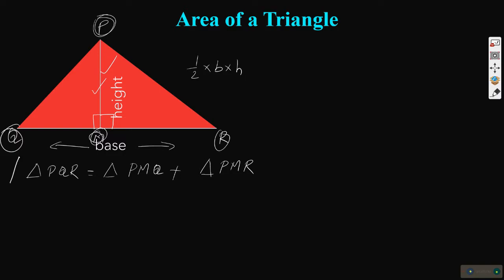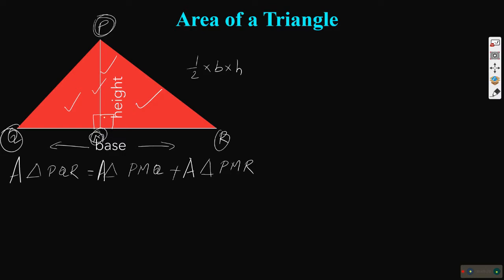So the area of triangle PQR must be equal to the area of triangle PMQ plus the area of triangle PMR. That means this area plus this area together, if added, will give the area of the big triangle PQR.